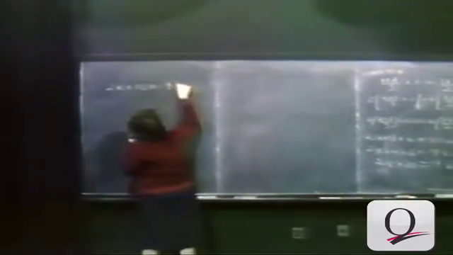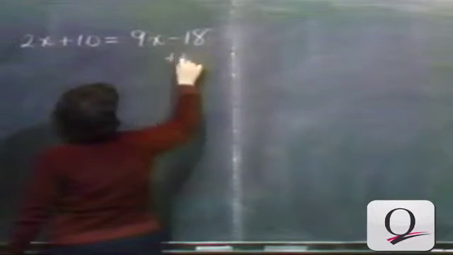Okay, let me write that down on this board. We have 2x plus 10 equals 9x minus 18. We can add 18 to both sides of this equation. This would give us 2x plus 28 equals 9x.